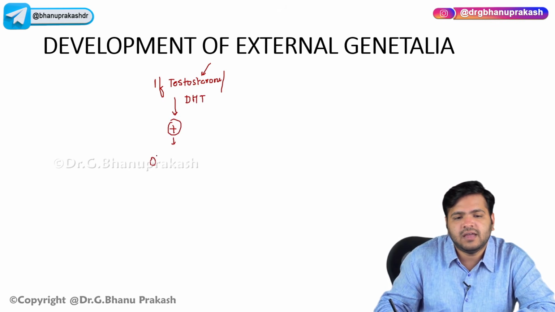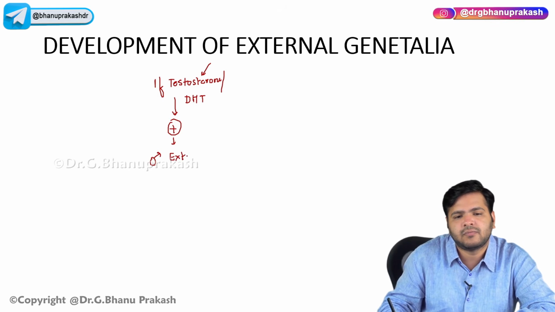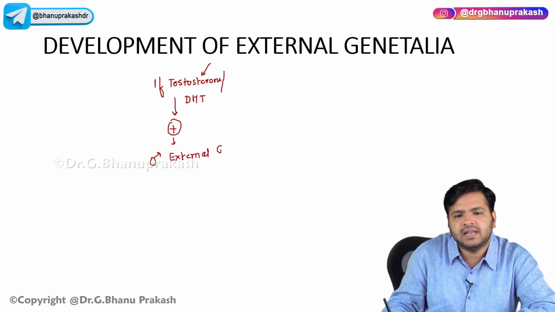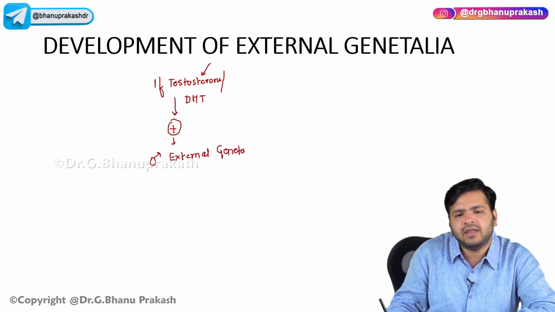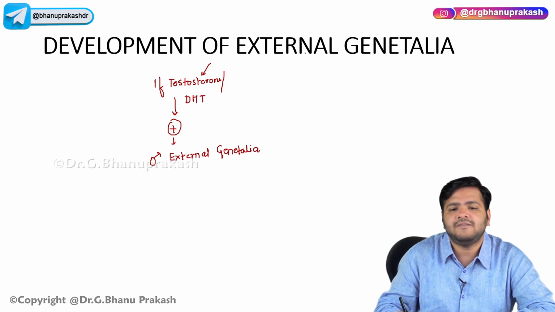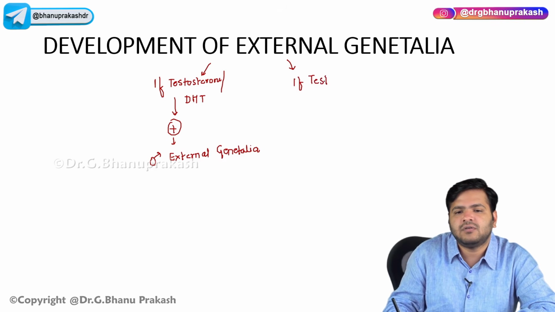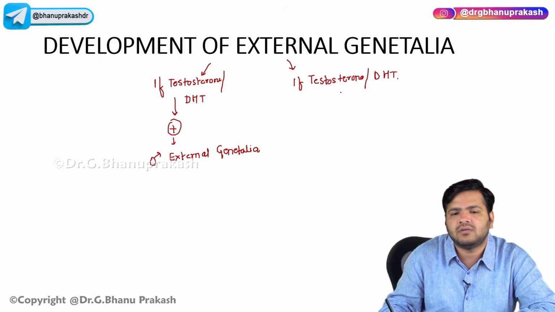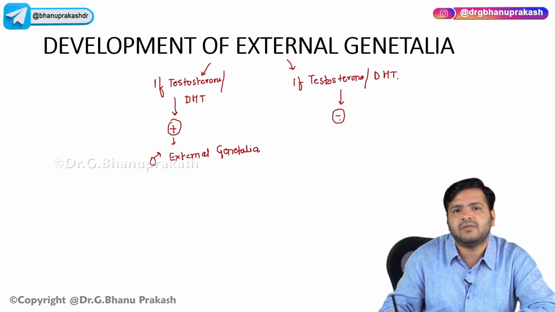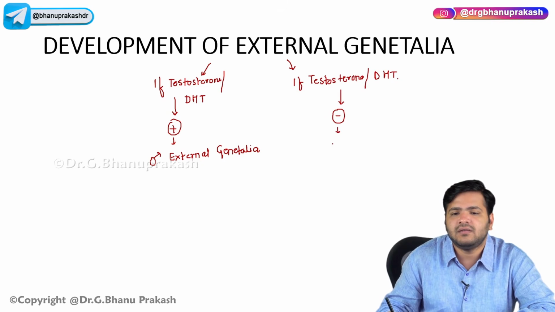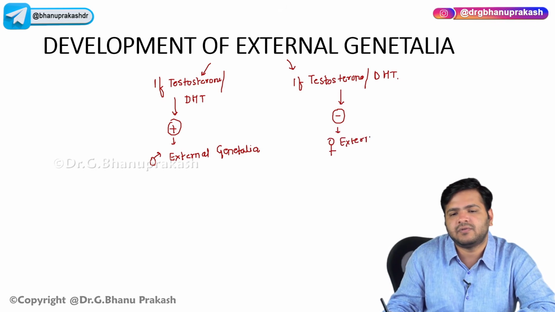The male external genitalia, right? Whereas if the testosterone or dihydrotestosterone is absent, then what will be formed?